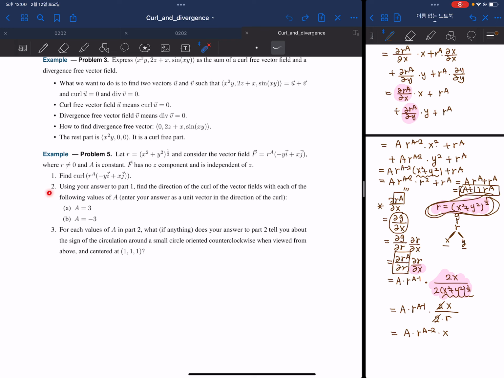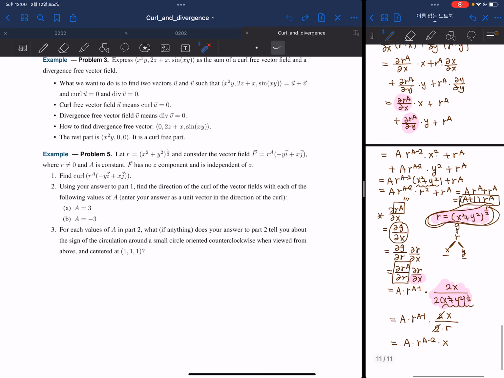And the second one: using your answer to part 1, find the direction of the curl of the vector field with each of the following values of a. So if a is 3, then your curl would be 3 plus 1 times r to the 3. Oh, okay, I think I didn't write the curl.